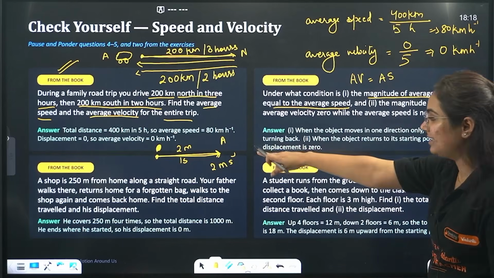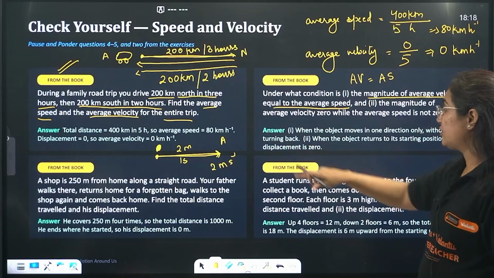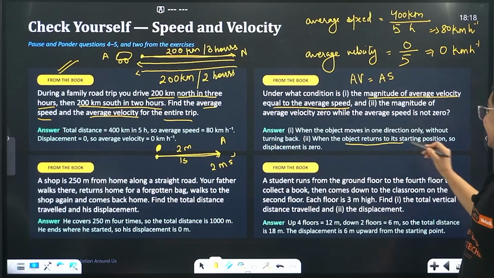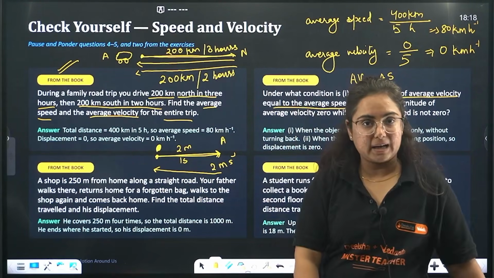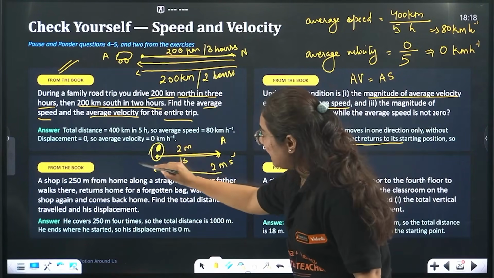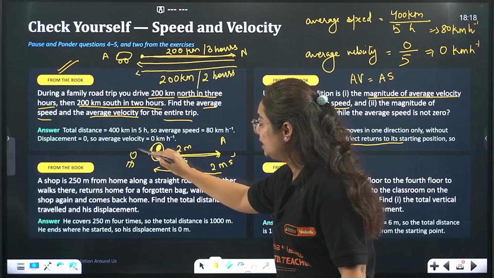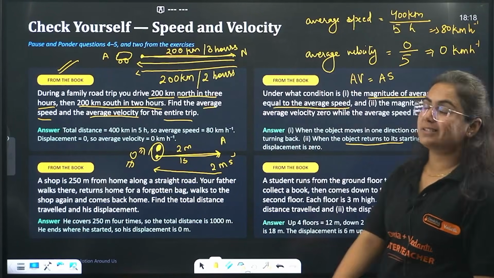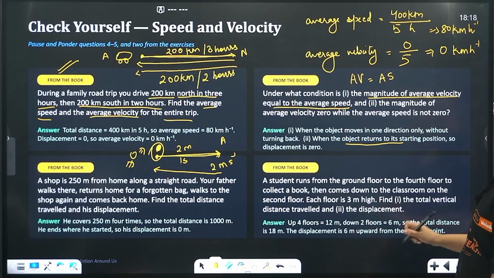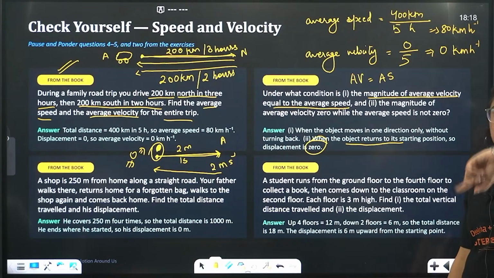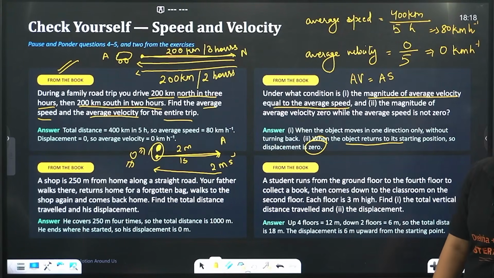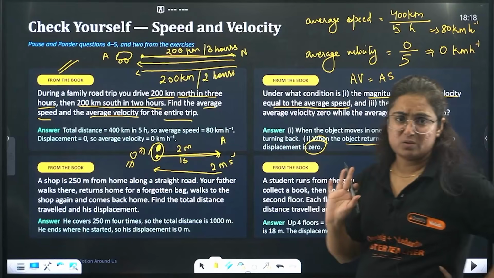This is the case when you are moving in one direction. But when the object returns to its starting point, say you come back to the original point again, your displacement will become 0, and hence your velocity will also become 0. So your displacement is 0, and hence average speed and average velocity will be different. Okay, hope this one is also clear.